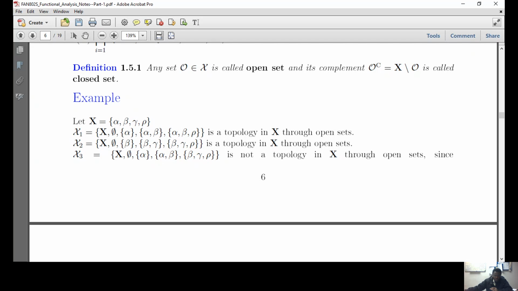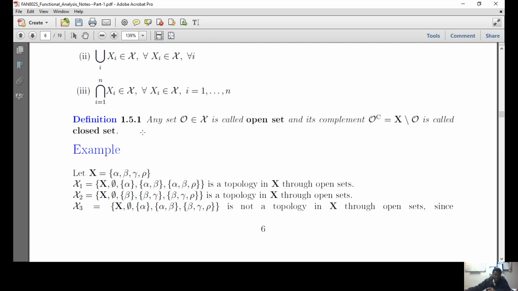If you take a finite intersection, it's easy to take. Remember that if you have a finite number of elements of the family, its finite intersection has to be in the topology.